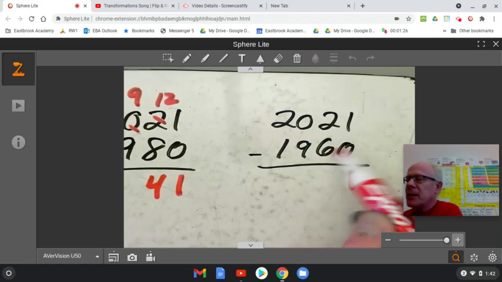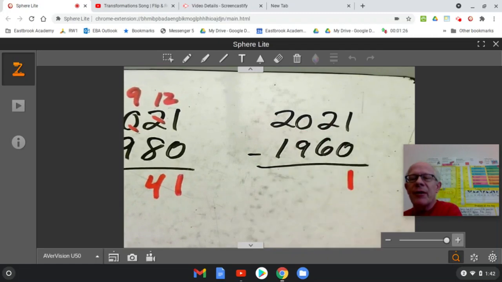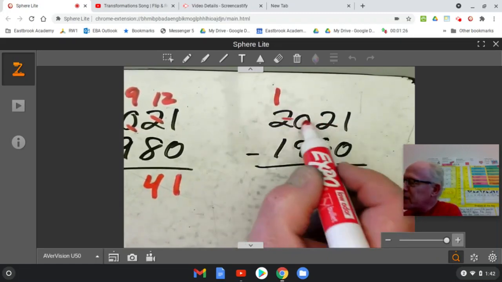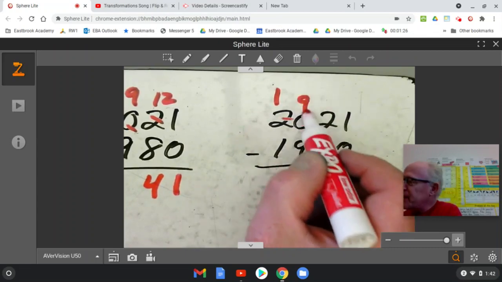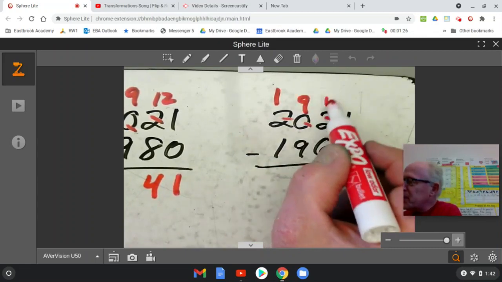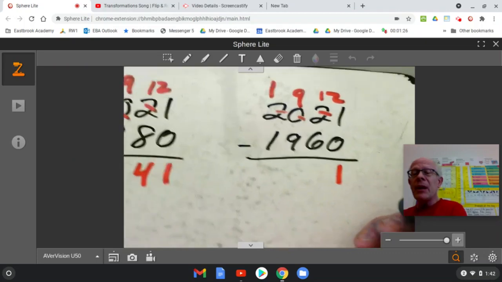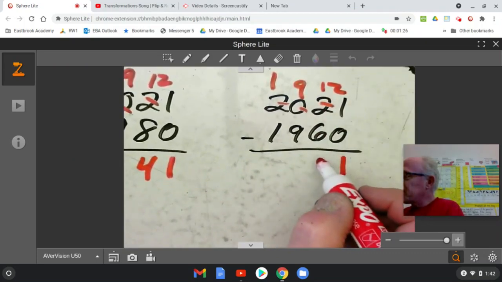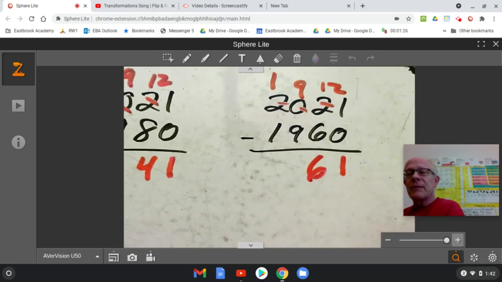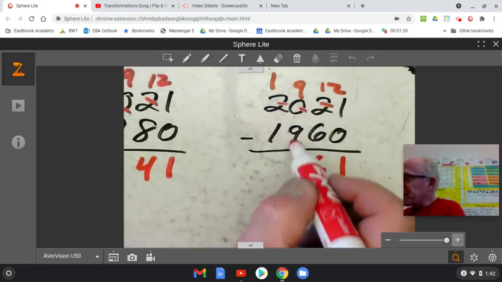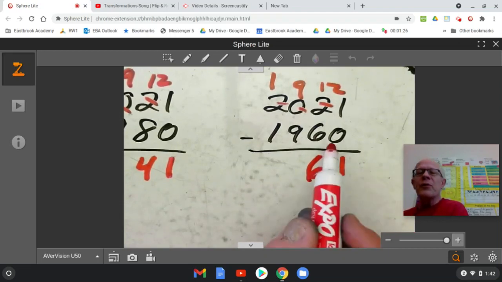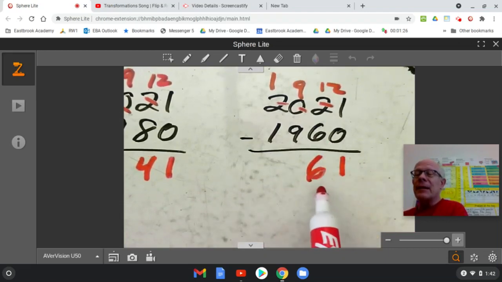No. Does the 0 have enough to share? No. So we have to borrow from the 2. The 2 becomes 1. The 0 would become 9. And the 2 would become 12. Now we can do it. 12 minus 6 is 6. 9 minus 9, nothing. 1 minus 1, nothing. So if a person was born in 1960, they would be 61 years old today.